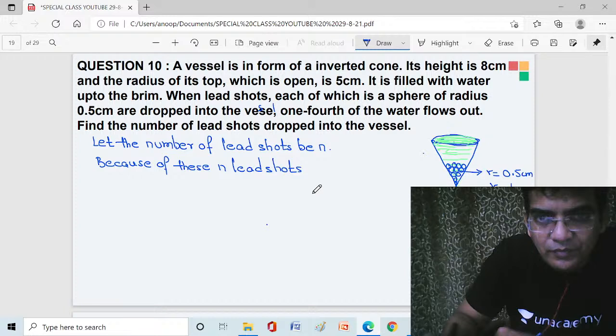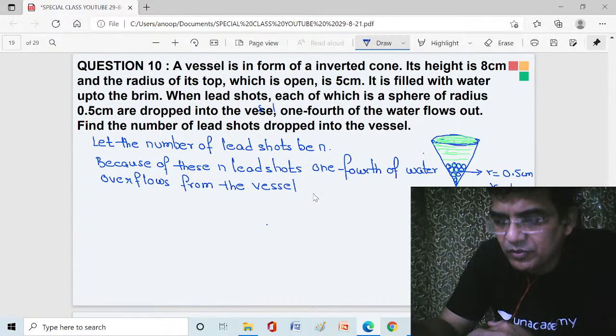So we can say that volume of these n lead shots will be equal to the volume of the water overflown.